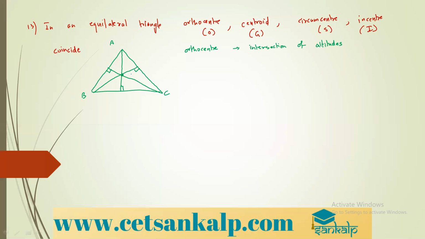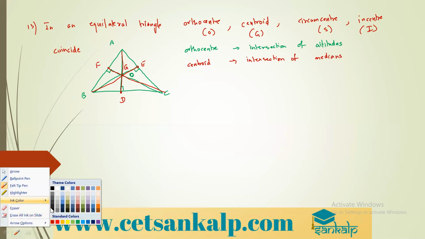The point of intersection will give me orthocenter O. Similarly, next, what is centroid? Already I told you, centroid is the intersection of medians. Medians means from A to the midpoint of the opposite side, B to the midpoint of the opposite side, C to the midpoint of the opposite side. So this is centroid G.